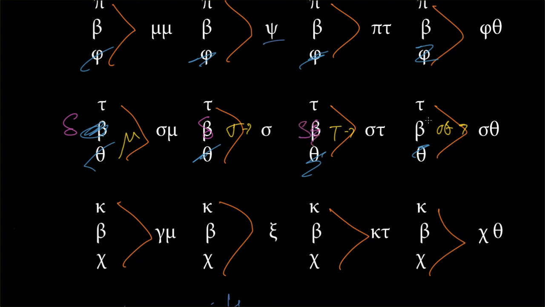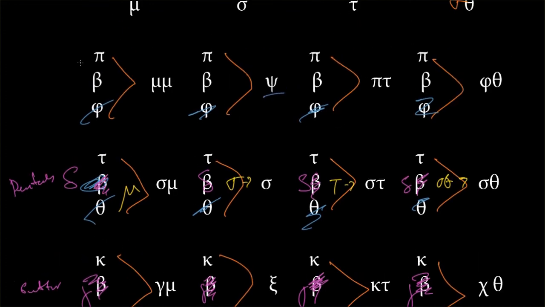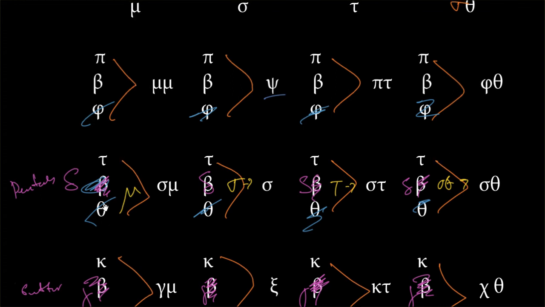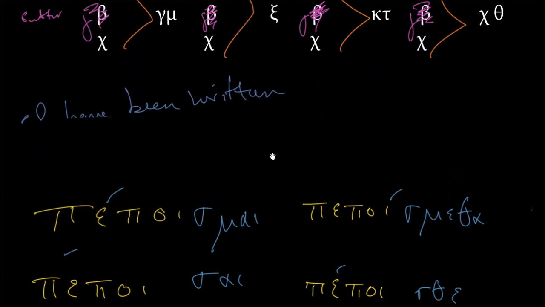Let me just scratch these out the best I can. These are deltas because these are all dentals, right? And then for these gutturals, again, these shouldn't be betas, they should be gammas. So forget all these. Sorry, that's my bad for copying and pasting this first row throughout. So we have pi, beta, phi, tau, delta, theta, kappa, gamma, chi. These are the different consonant stems.